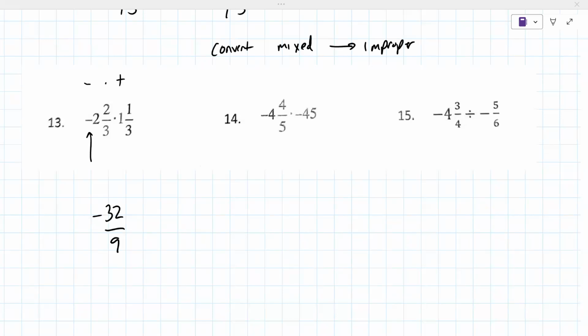The next one I got 216 for 14. Good. That is correct.